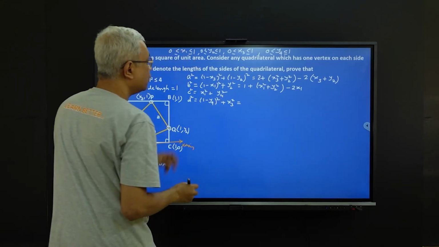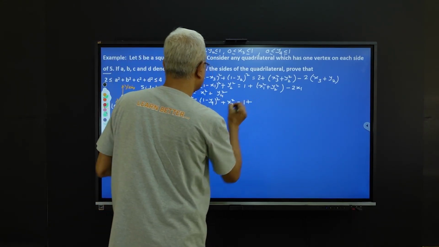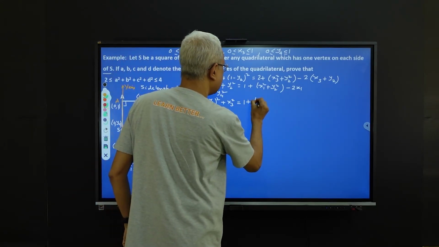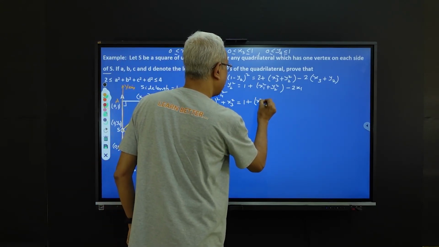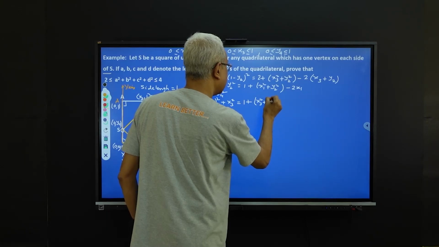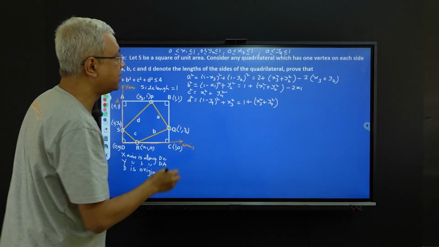So it is 1 plus x3 square plus y4 square minus 2y4.